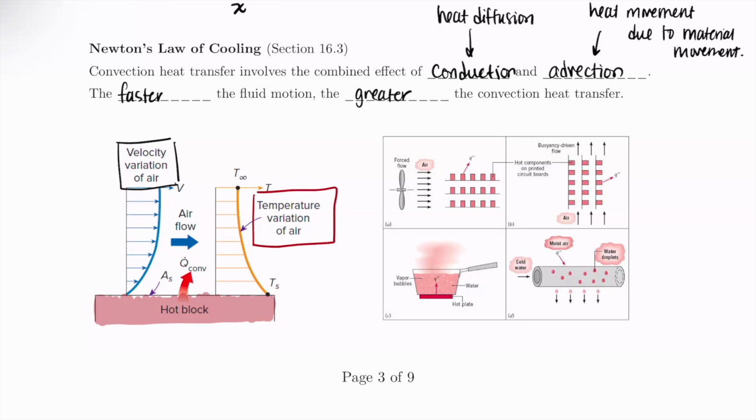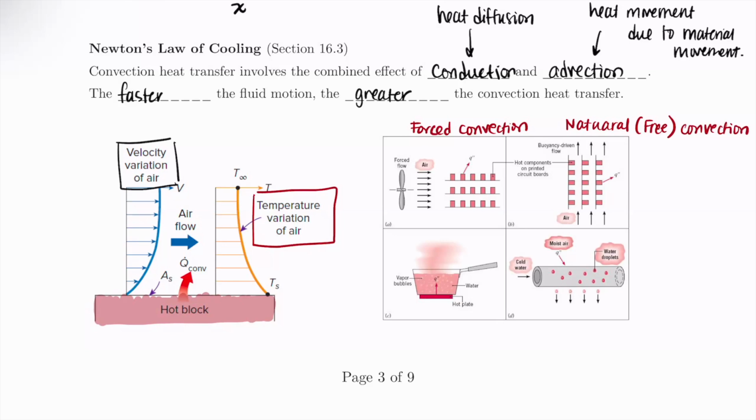Just to remind you, for convection there are two types: forced convection, and natural or free convection. I have two examples here for each. Under forced convection, the top left one is if we wanted to cool off hot components on printed circuit boards.